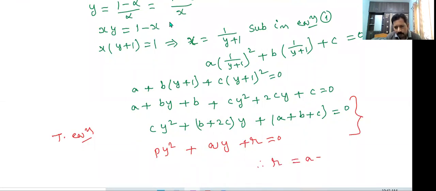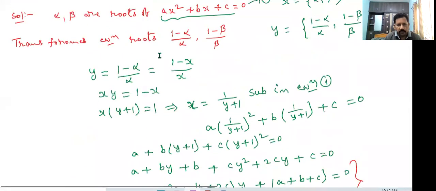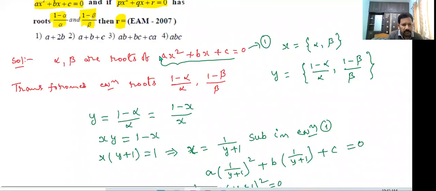The r value is a plus b plus c. Similarly, we can find p also, it is c. And q is equal to b plus 2c. But they are asking only the r value, a plus b plus c. Which option, students? Second option. Understood?